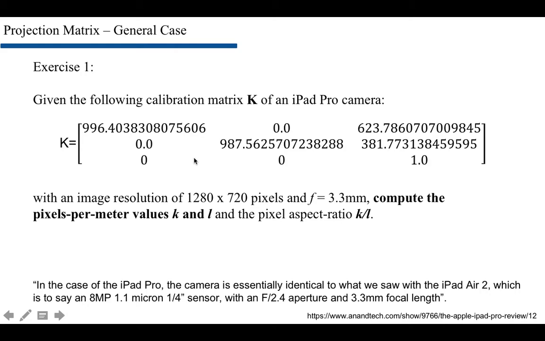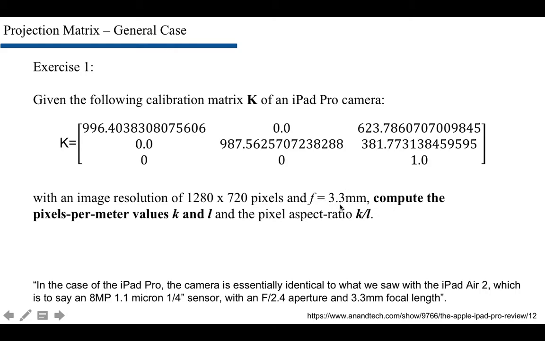Let's make another exercise. Given the following calibration matrix K of an iPad Pro camera, I actually got these numbers by using the OpenCV calibration tool. We know that the image resolution was 1280 times 720 pixels, and it has a focal length of 3.3 millimeters.